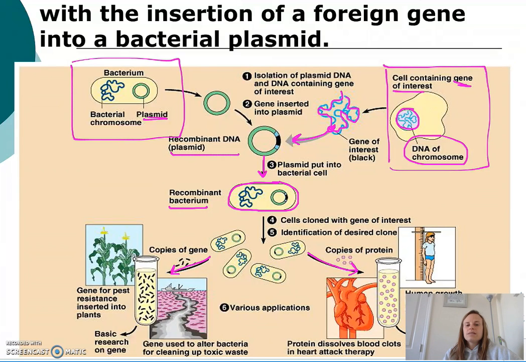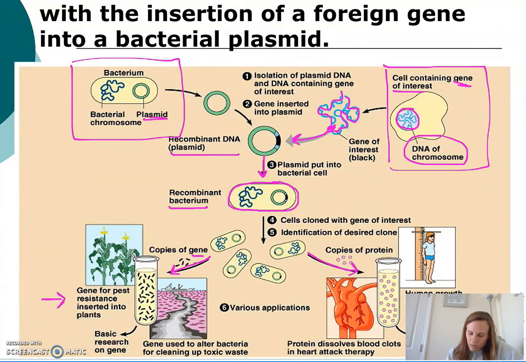So let's say scientists are interested in looking at the gene. They might look at the gene that codes for pest resistance, like I mentioned earlier. And now plants will be grown with pest resistance, so I don't have to spray a pesticide giving them that pest resistance, which could result in environmental issues. That plant already has that pest resistance, so now that pest won't eat the plant.